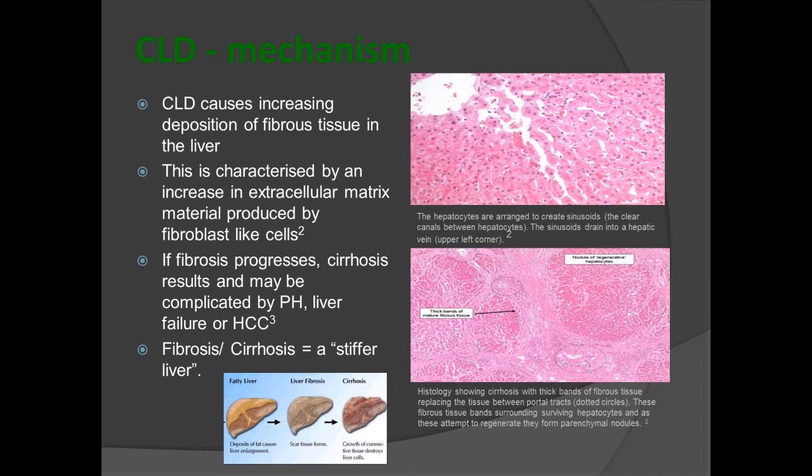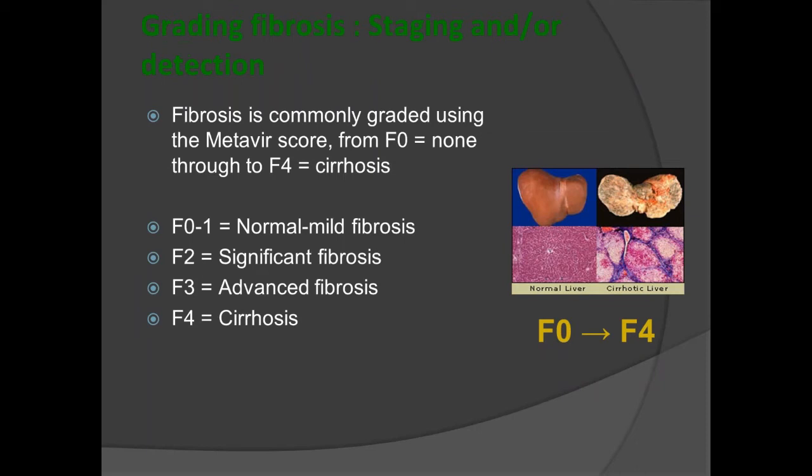And unfortunately, with cirrhosis, you can get portal hypertension, liver failure, or HCC. All of these processes basically result in a normal, pliable liver becoming stiffer. And this is one of the basic principles that we need to keep in mind as we talk this evening.